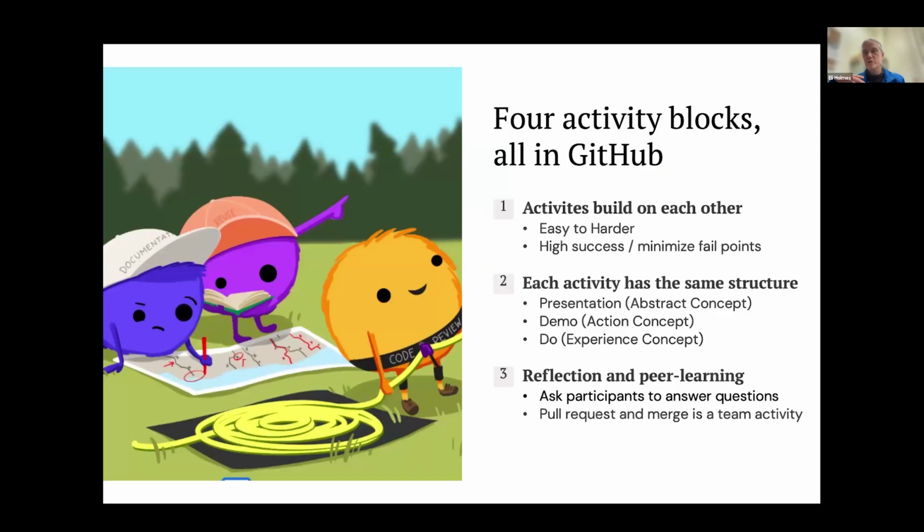And then next we go into the activity blocks. Here, we thought a lot about the structuring. Again, we're using this MC kind of thing. So I would present the concept or whatever task we are doing, like editing a file in GitHub and committing it.